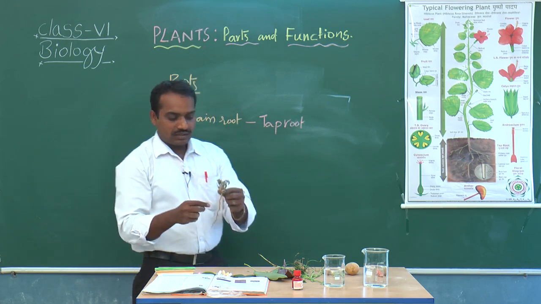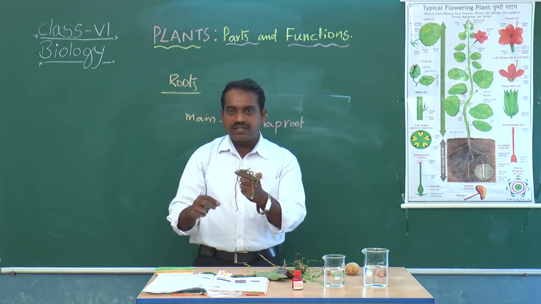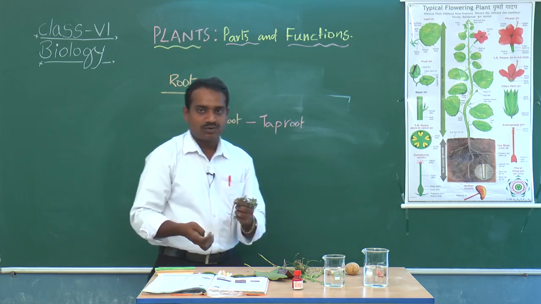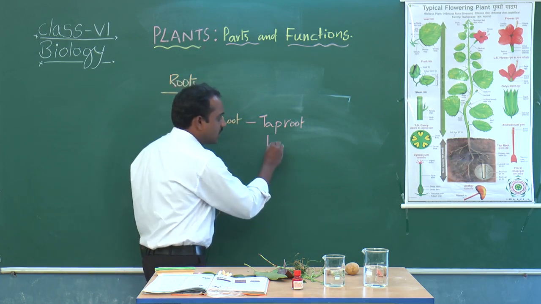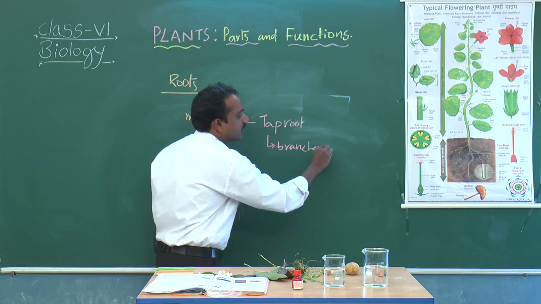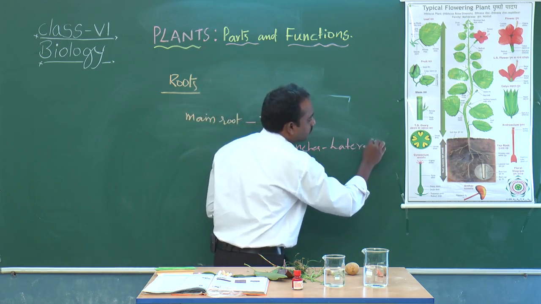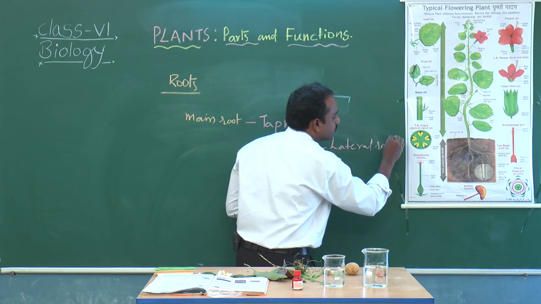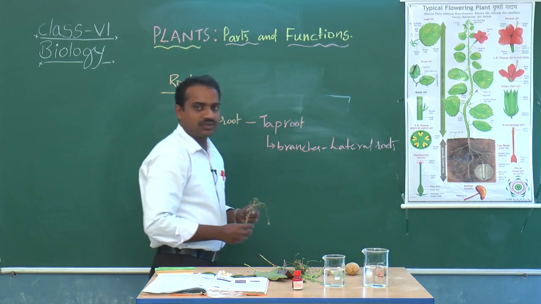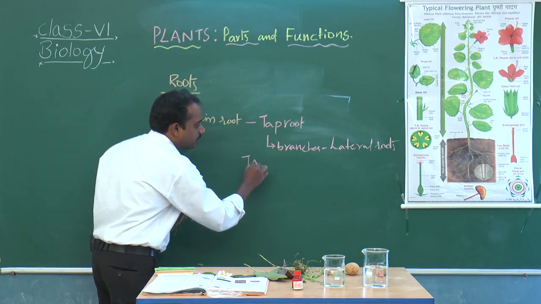From this, small branches are arising. These are called lateral roots. The branches that arise from the tap root are called lateral roots. This kind of root system is called the tap root system.